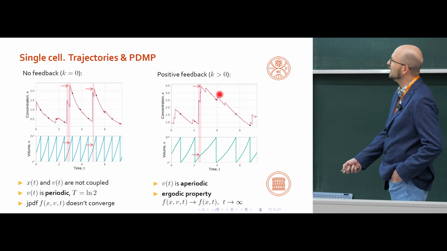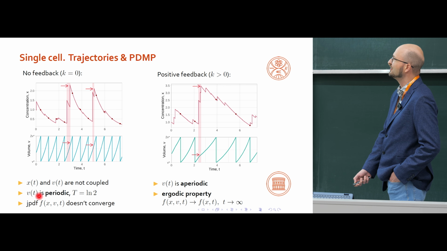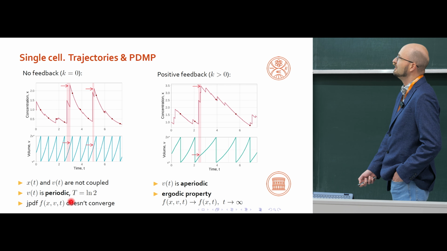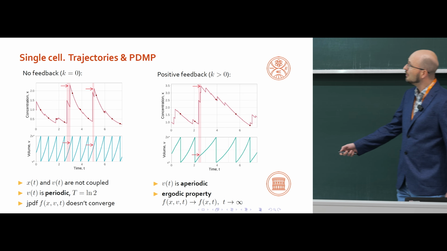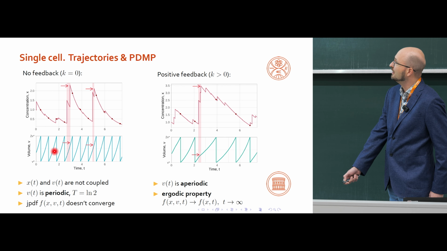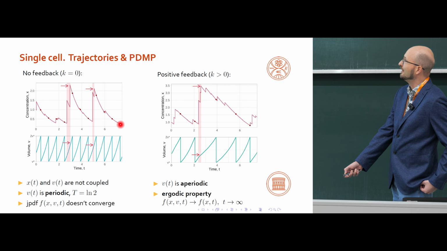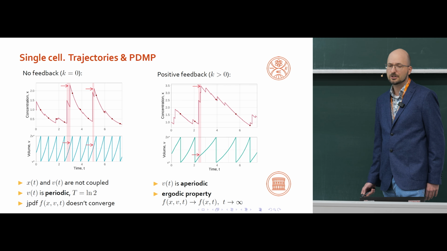The distribution we denote by f(x, v, t). That's the probability density function of variables x and v at time t. And it doesn't converge as t goes to infinity, because this periodic motion of the volume keeps the information about the initial condition, and you can't have a convergence.